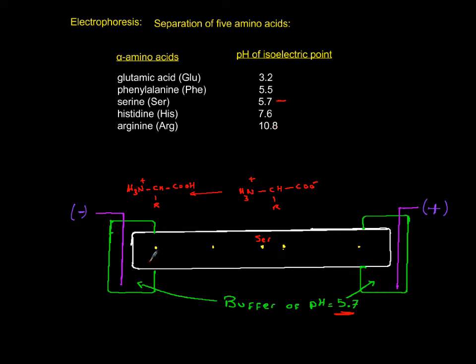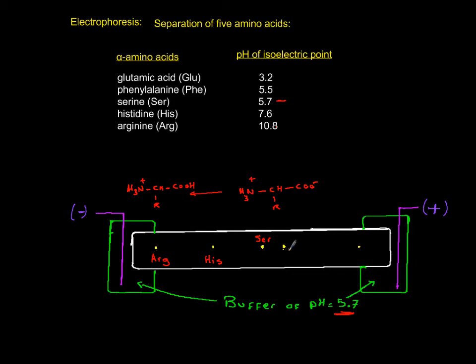Now this here is your ARG because 10.8 is much bigger than 7.6, and 7.6 probably stops somewhere in this neighborhood. So this is how they are going to separate relative to each other.